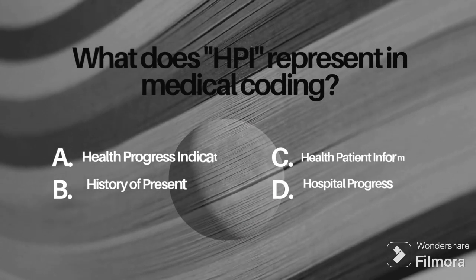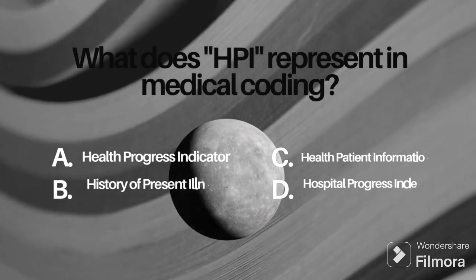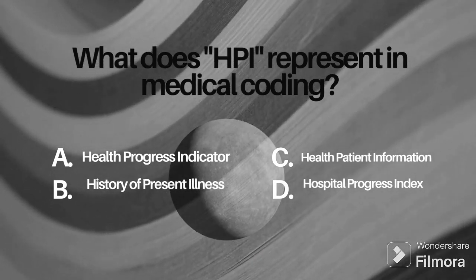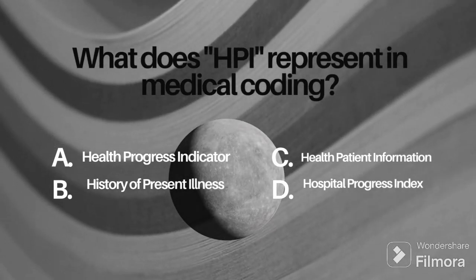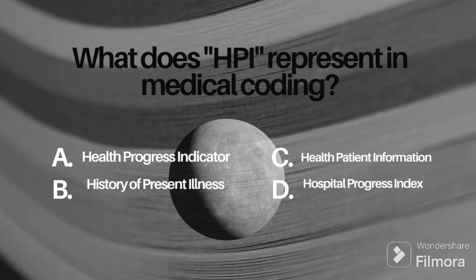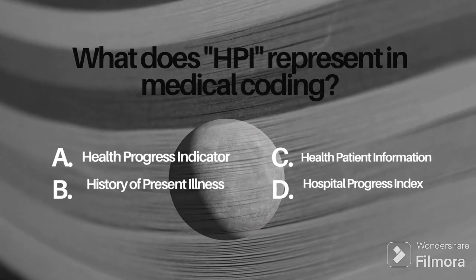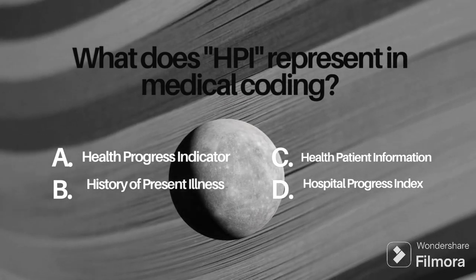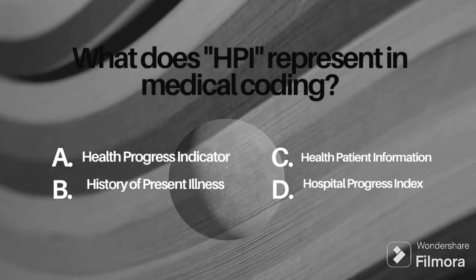Option A, health progress indicator. Option B, history of present illness. Option C, health patient information. Option D, hospital progress index. So read the question twice, read the options carefully and relate to the question. Give your answer in the comment box.